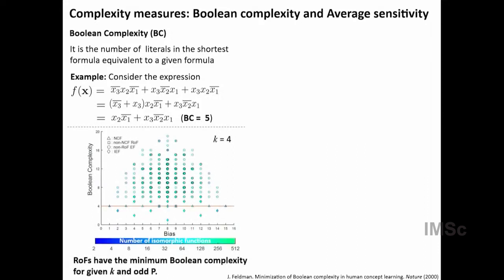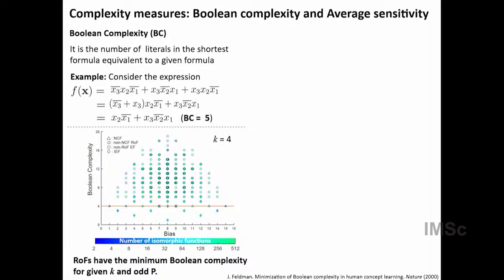So if you take all 4 input functions, 65,536, and then you plot the Boolean complexity versus the bias, this is the plot that you would get. I'll mention here, there's a big caveat, which is that these are not exact computations because, of course, this is a computationally intractable problem, computation of Boolean complexity. So this is only approximate.